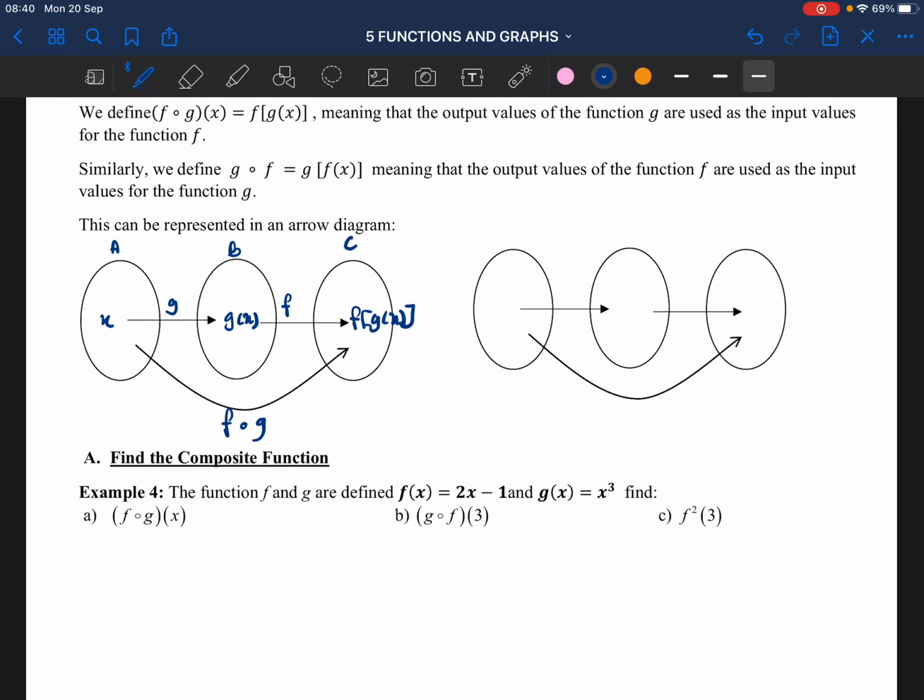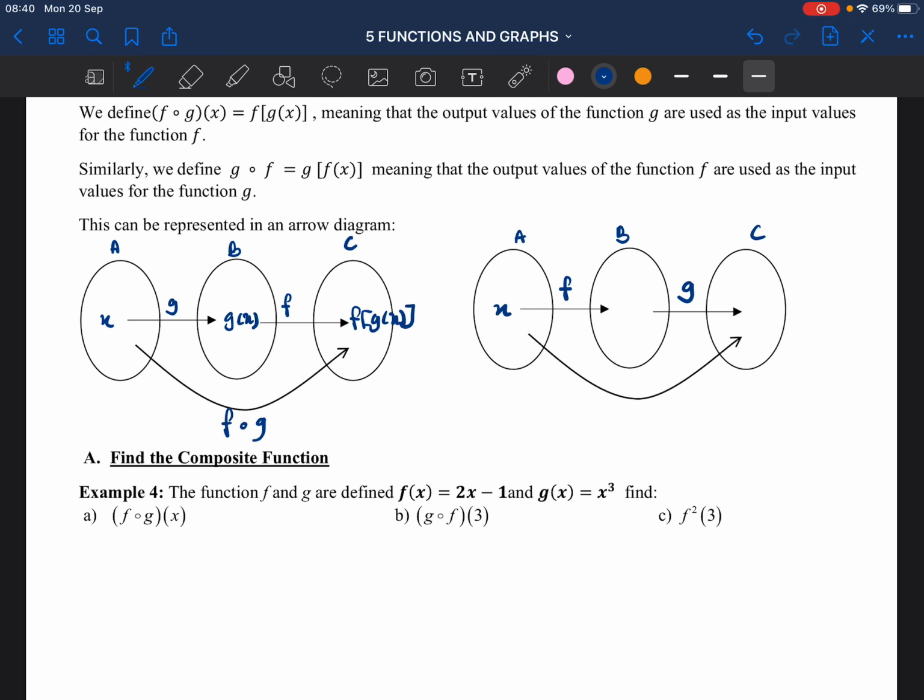As you can see here, we have gf, meaning that the output value of the function f is used as the input value for the function g. Let's say we label this as A, B, C. We have f here, g here, and here we will have x.